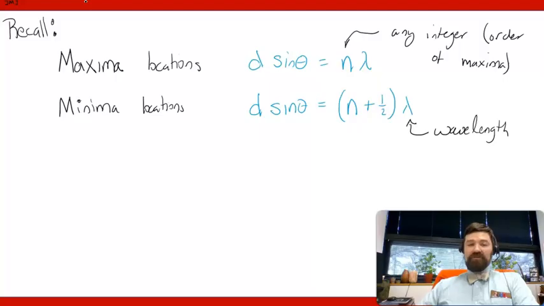Theta is the actual angular position. So when we say where is it located, we're talking what's the value of theta. D comes from the slit separation.